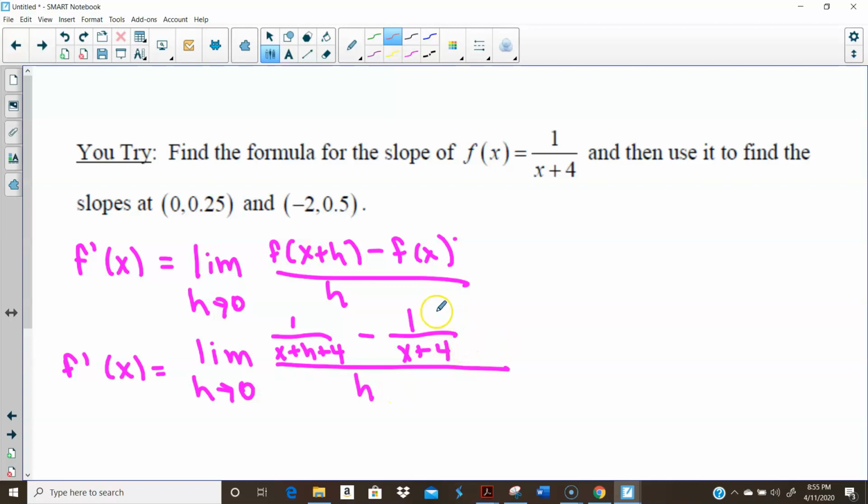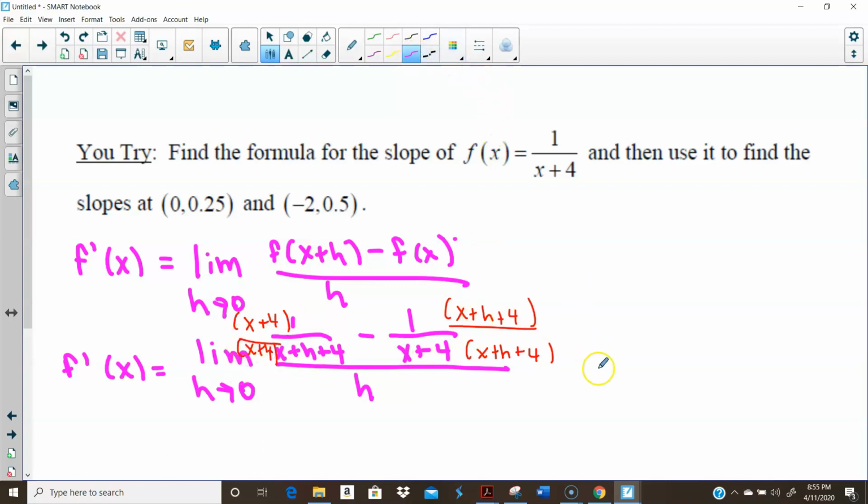So this fraction I'm going to multiply by x plus h plus 4, top and bottom. And this fraction, I'm going to multiply the top and bottom by x plus 4. I'm doing that because I want a common denominator.